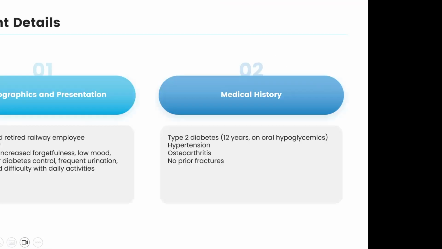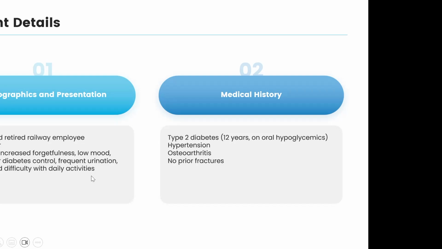So this 68-year-old gentleman, as we already discussed, has diabetes, hypertension, osteoarthritis, frequent urination, nocturia, low mood, increased forgetfulness, and difficulty with daily activities.